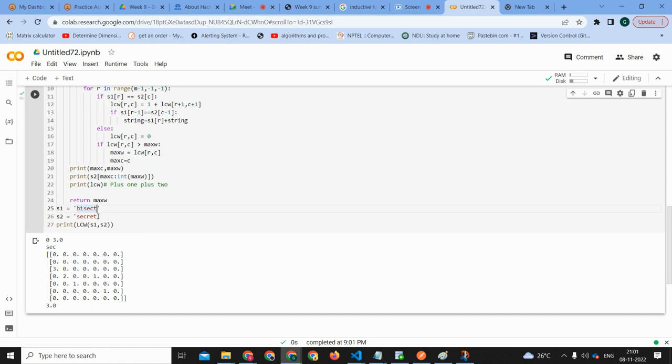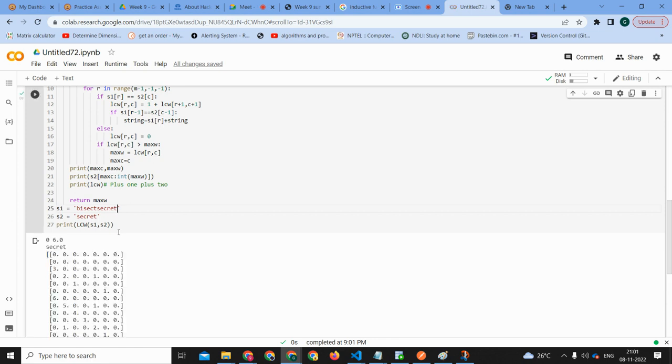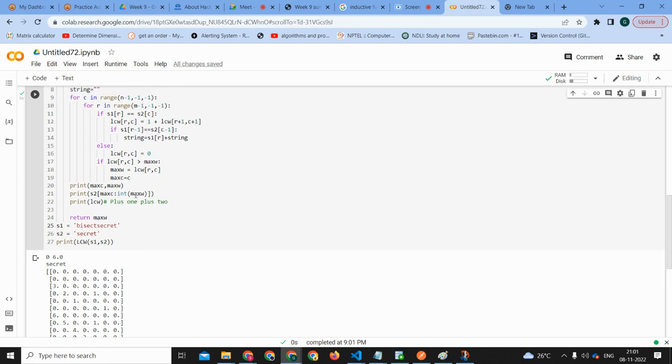This is a nice way to do it. Let's try something else also, to see if it is working for other things. Now see, it should be secret. It works. That's great.